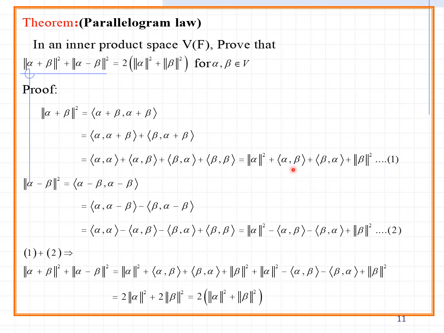Here the plus symbol is there, and in the other the negative symbol is there. Now these are like simultaneous equations, so just add equations 1 and 2. The positive terms and the negative terms cancel, and you get 2 alphas and 2 betas. So you can write 2 norm alpha square plus 2 norm beta square. Then take 2 as common: 2 into norm alpha square plus norm beta square. This is proved by the parallelogram law.